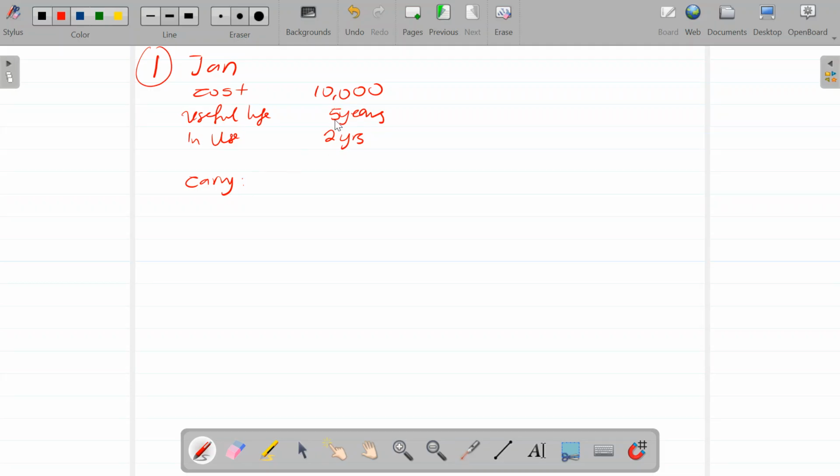Yeah, that will be 10,000 divided by 5, so the annual depreciation is 10,000 over 5, which will give us 2,000.